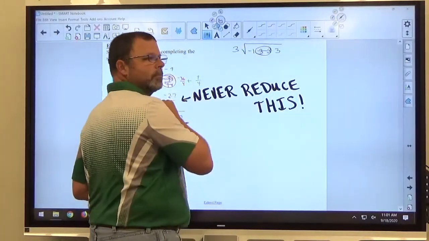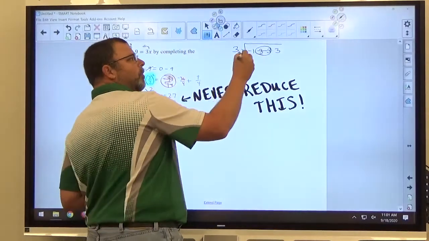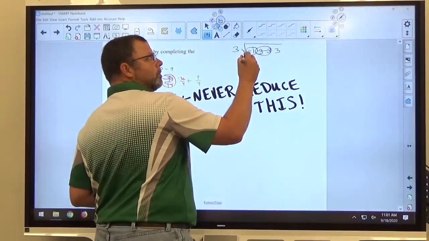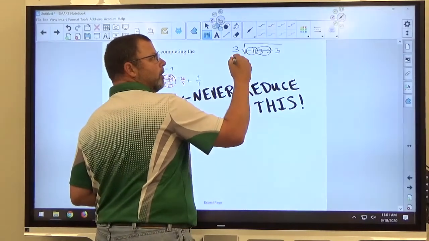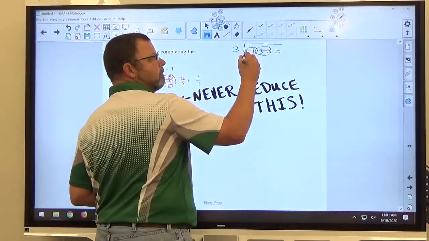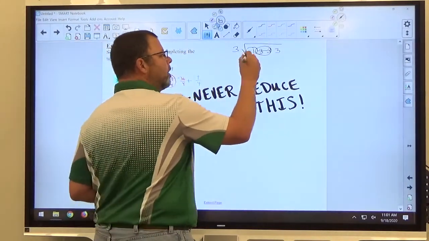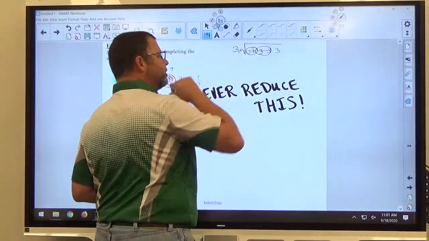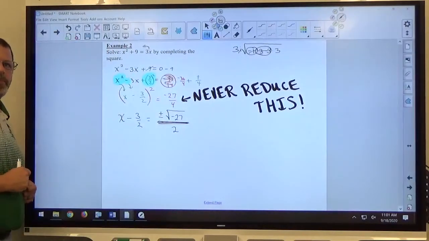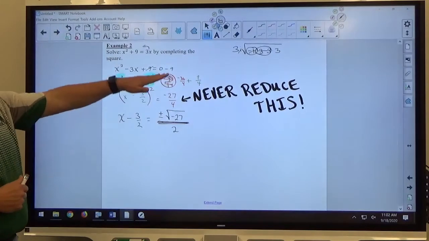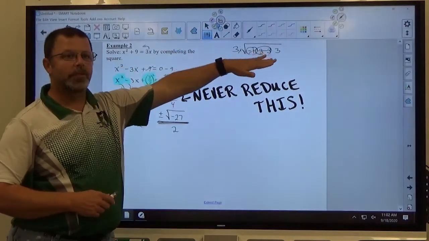What we learned a few days ago is that the square root of negative 1 is what? It's i. So the square root of negative 27 on top is simplified as 3i times the square root of 3.